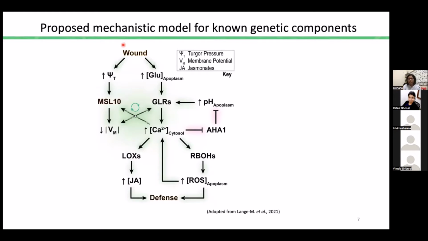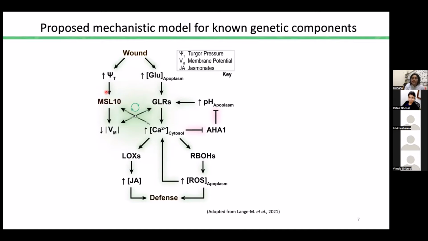So when a herbivore is there, this wound has happened, and this leads to an increase of glutamate in the apoplast. At the same time, there is a pressure change which we saw earlier, and this activates the stretch of the membrane, and this activates the mechanosensitive ion channel, which is MSL10.